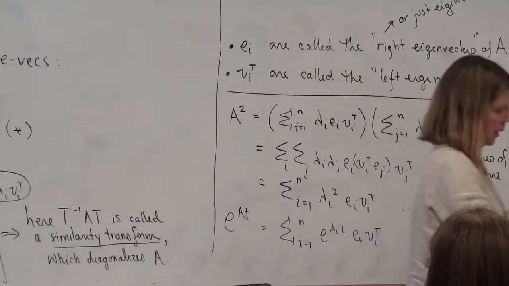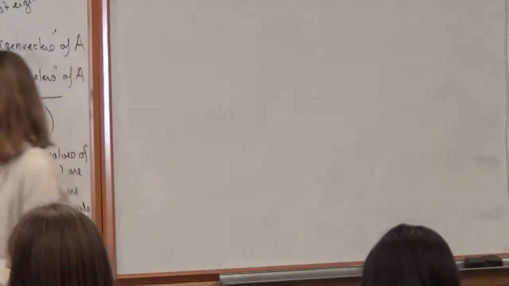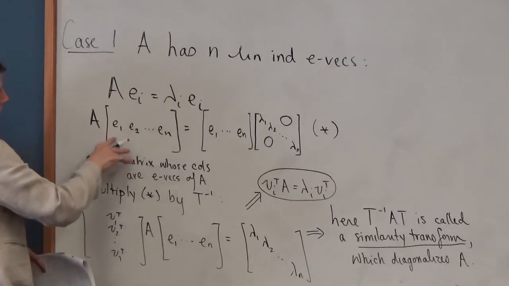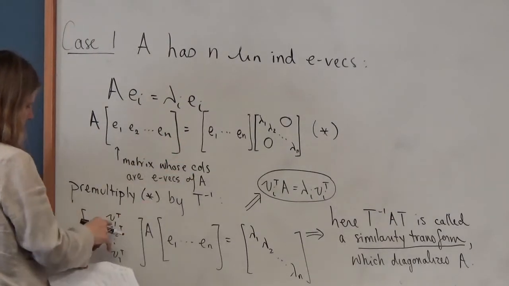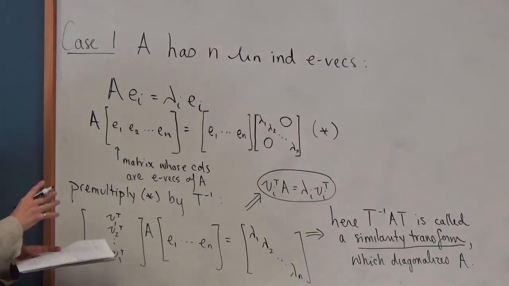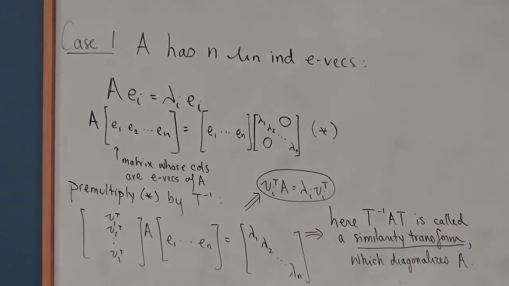Okay, I'm sorry. I realized just now that I defined T and T inverse opposite of what I did in my notes. So let's just keep what we have on the board. This matrix I actually called T inverse, and this matrix I called T in the notes. But if we persist with what we have on the board, it doesn't really matter, it's just notation.